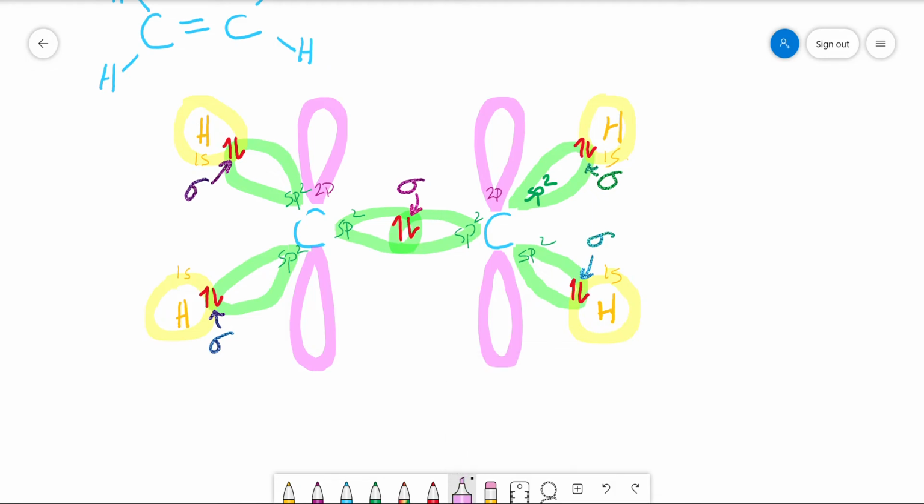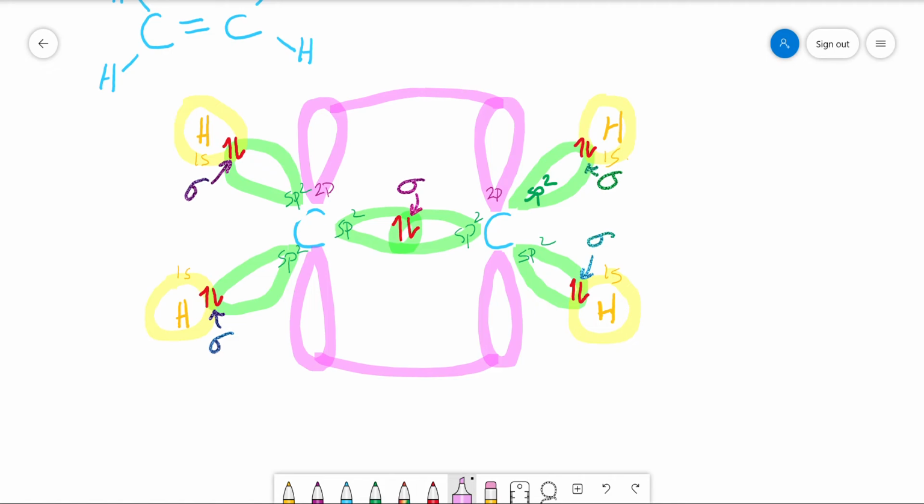All right. Now let's talk about the p orbitals. So we had a sigma bond before when we had in-axis overlap along the axis. So between the carbons, for instance, we have a sigma bond. Now, I didn't really draw this exactly to scale. These p orbitals are really big and fat, but it just gets really confusing to draw all of this stuff. So what we have here is this side-by-side overlap.